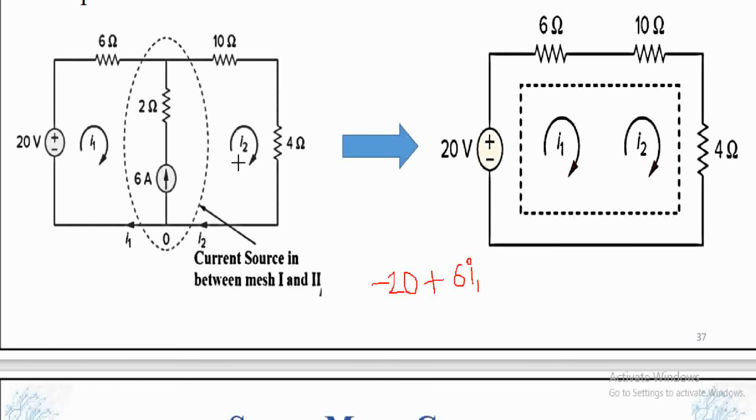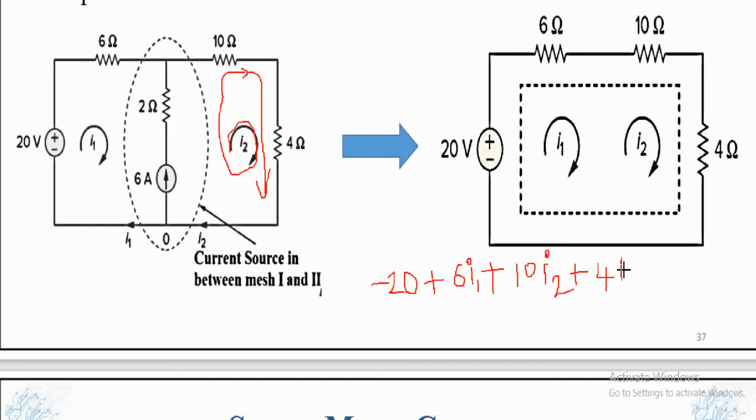So how much current flows? Only the I2 current flows through this 10 ohms, and it flows on to the 4 ohms. The same amount of current flows through the 10 ohms and 4 ohms. Now write here 10 into I2, because the 10 ohms is related to the second mesh, and for the 4 ohms, you write 4 into I2.